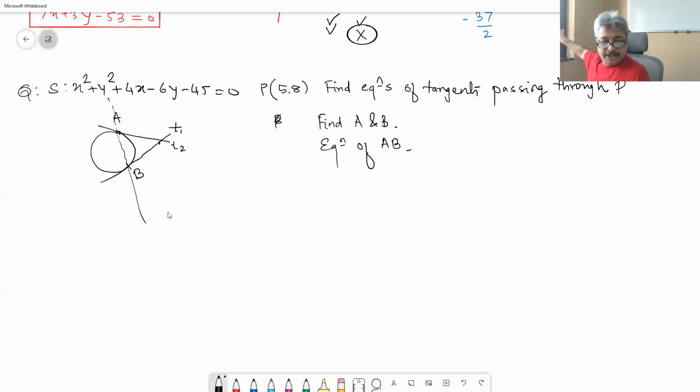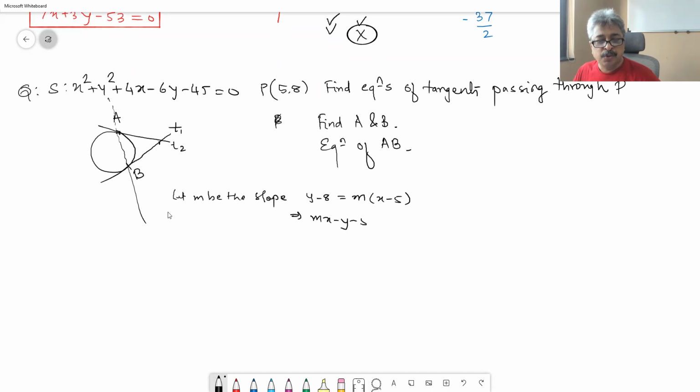Numbers are bad as I have mentioned, but let me describe the procedure because it was done in 9th. Let m be the slope of tangent. And therefore equation of tangent will become y minus 8 is equal to m times x minus 5, which looks like mx minus y minus 5m plus 8 is equal to 0. Center of this circle is -2, 3.